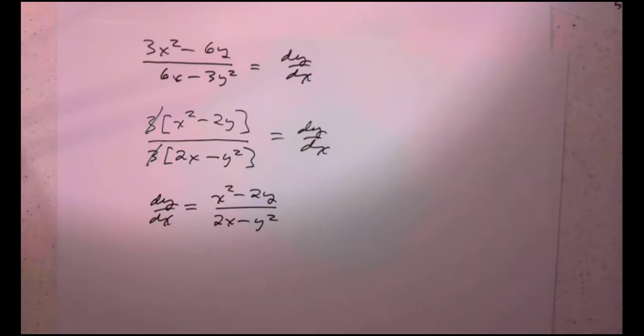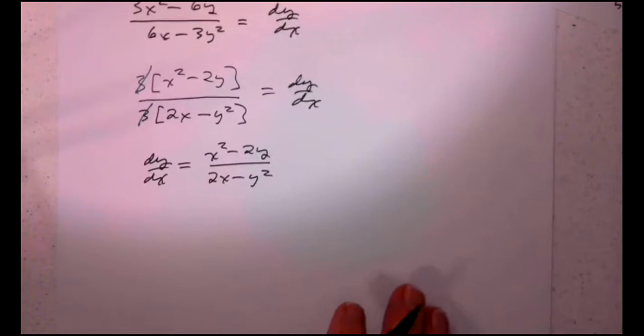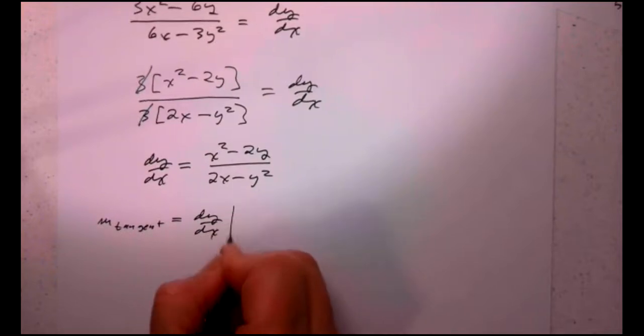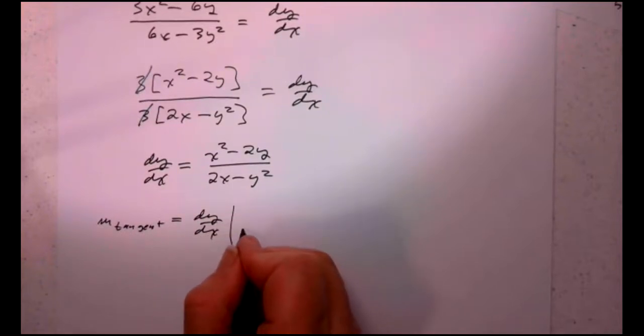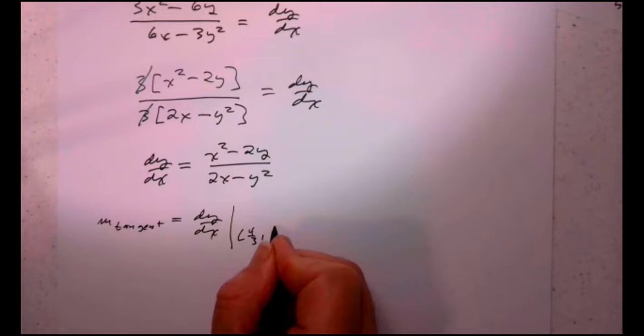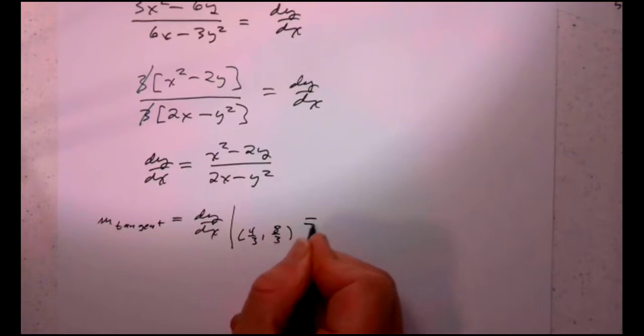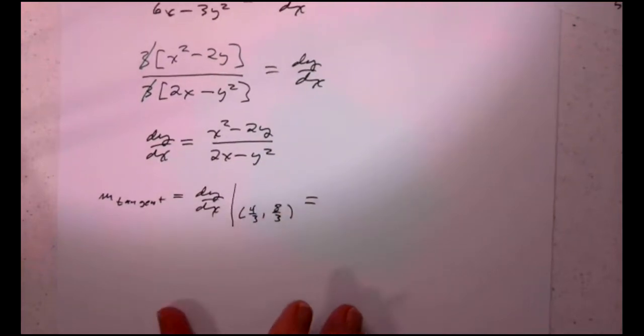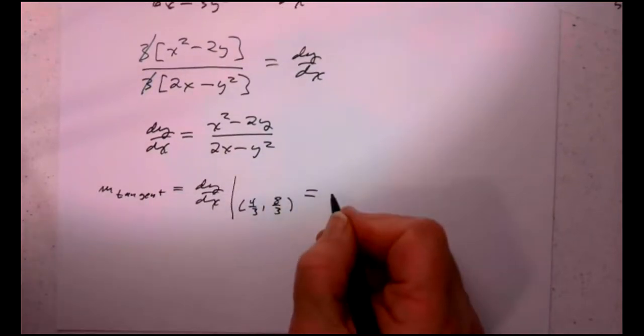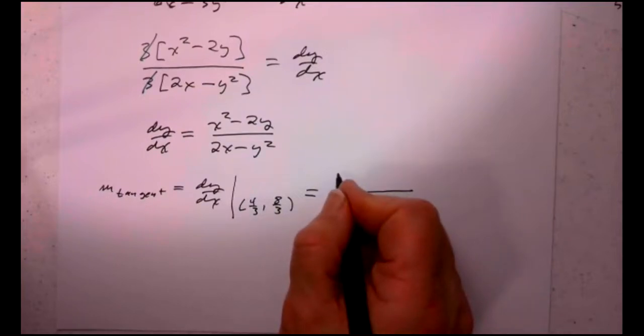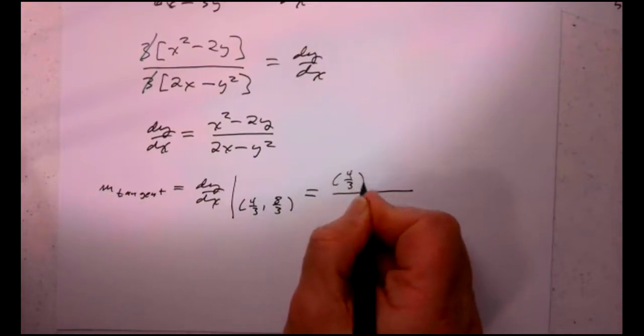So the slope of the tangent is going to be dy/dx evaluated at that point (4/3, 8/3). So I've got to plug 4/3 in for x and 8/3 in for y, which is certainly going to be unpleasant to do.